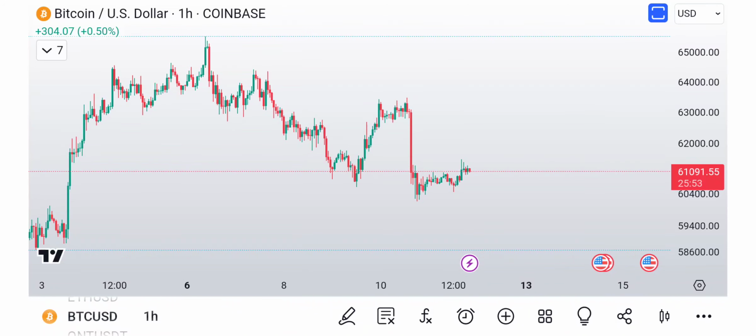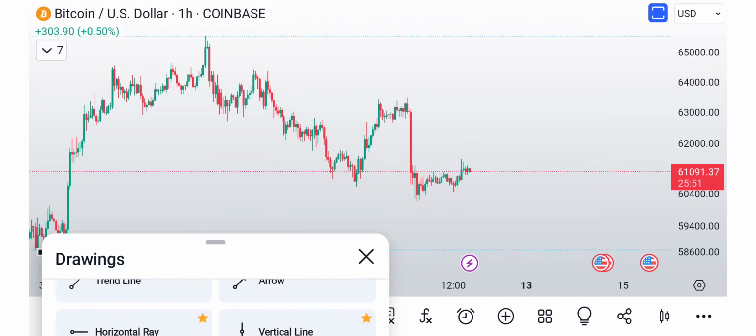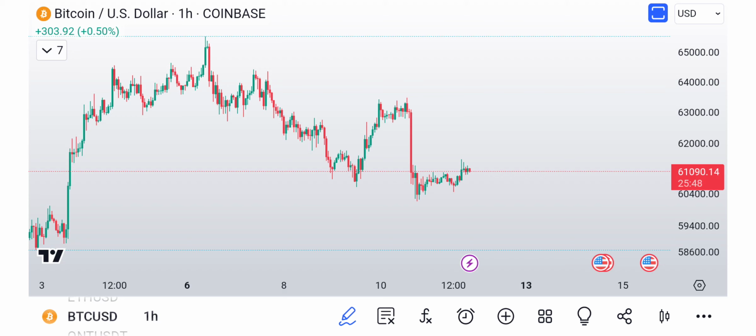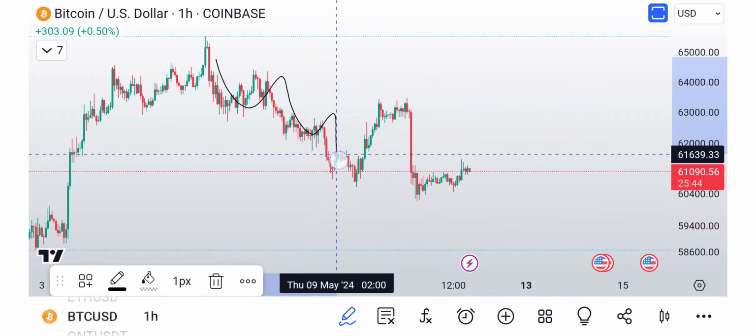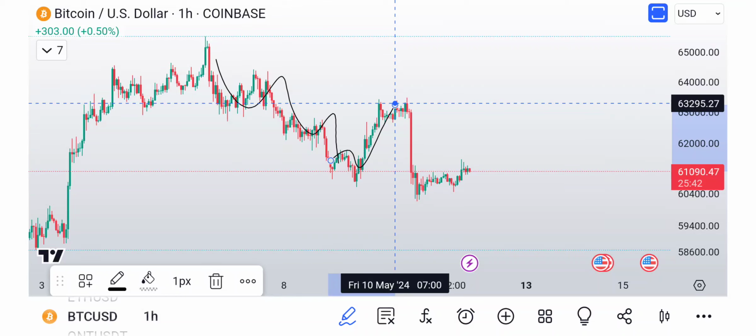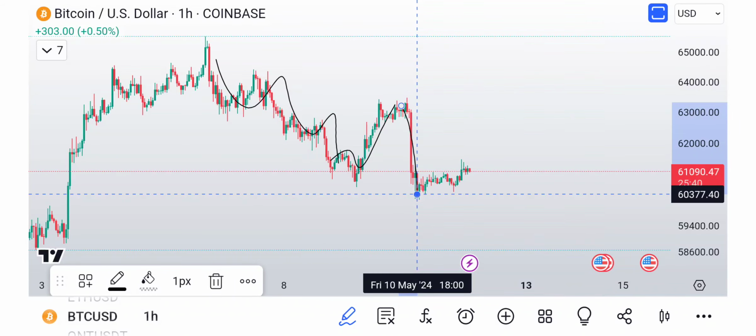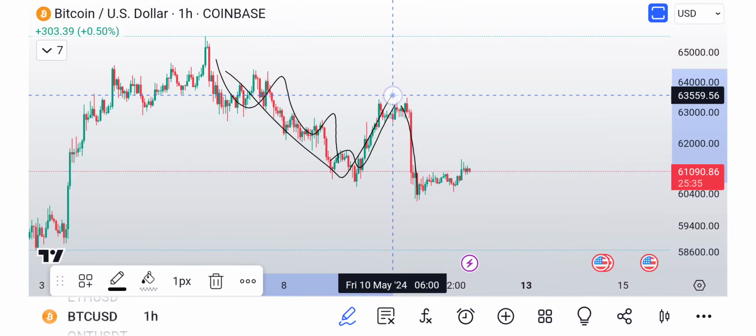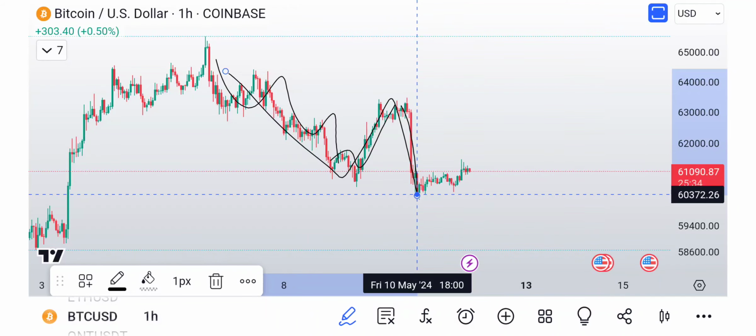So what I'm thinking is this is not finished, right? So again, 1, 2, 3, 4, 5, A, B, C, and then we come down, right? We're starting our C leg. So this is A, this is B, this is C, but I don't think C is finished.